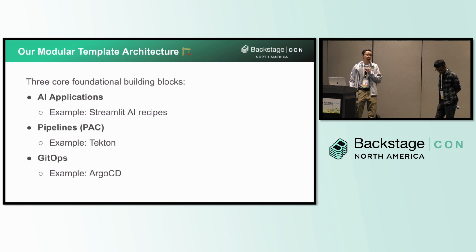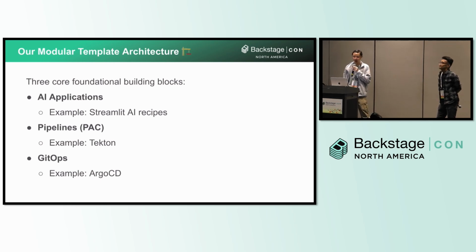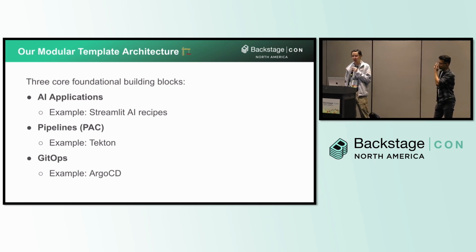The second is the pipeline. The pipeline is a standardized CI/CD pipeline that scaffolds building, testing, and deploying your applications. We are using Tekton pipelines for that. The third piece is the GitOps, which deals more with the deployment.